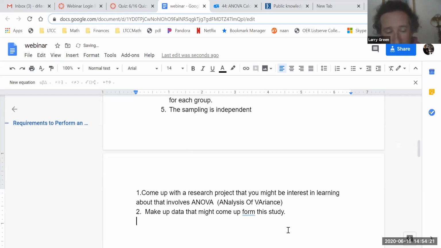The third is perform the ANOVA test. Any questions on the task? Any questions?